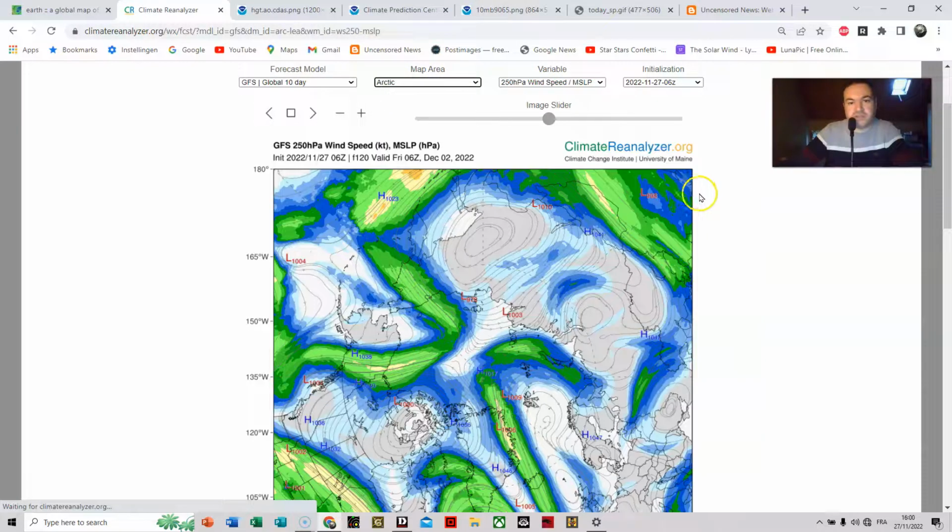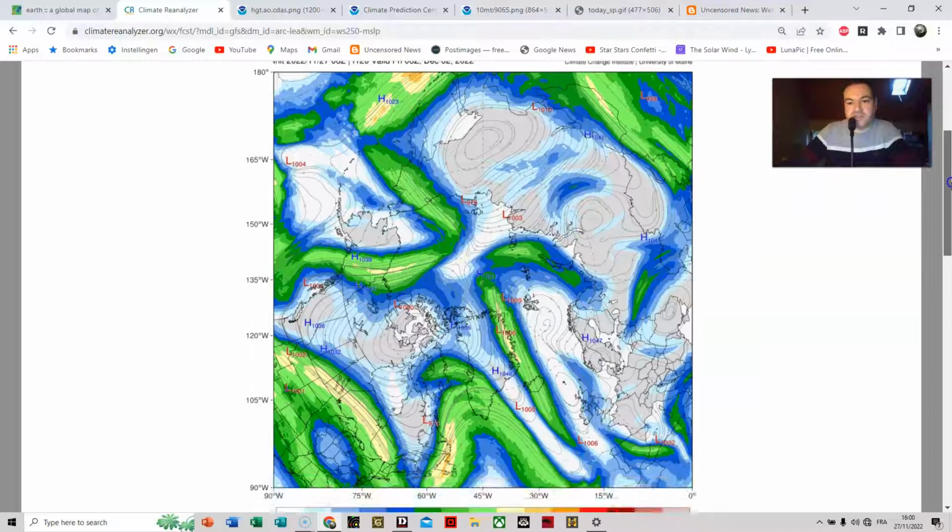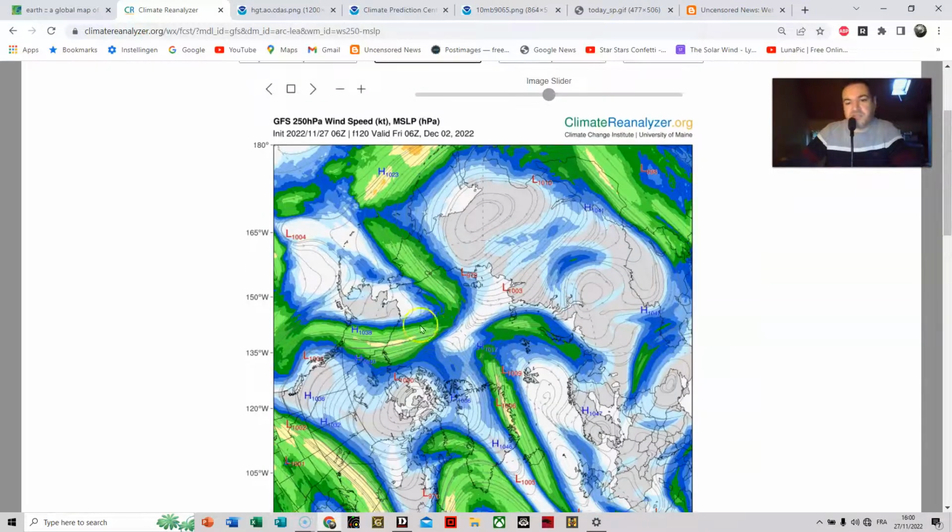Let's go to the Arctic itself. It's much easier to understand. Let me just move the slider a little bit. So this is the Arctic, on top of the Arctic, and the jet stream is supposed to be a wavy pattern in a circular motion, but this time we have the jet stream that wants actually to circle around Greenland, around the polar vortex.